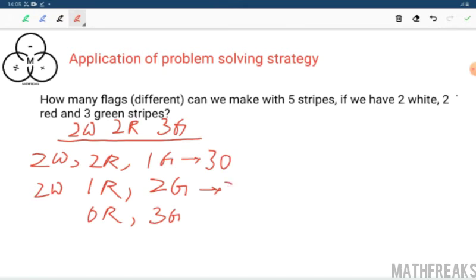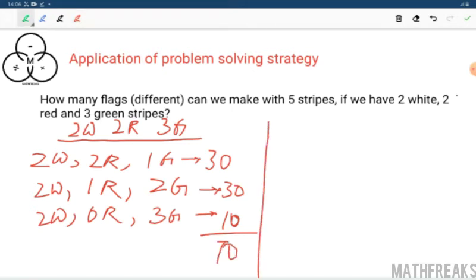Here also we have 30 possibilities. For 2 white, 0 red, 3 green, it is 120 divided by 2 divided by 6. Here only 10 possibilities. Add them all, you get 70 possibilities for the case with 2 white.